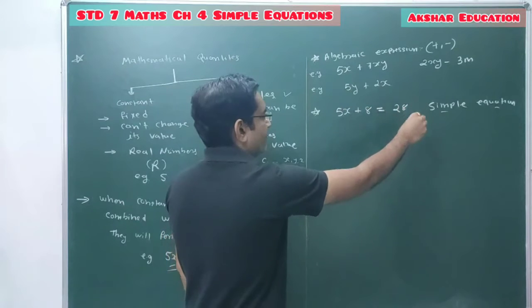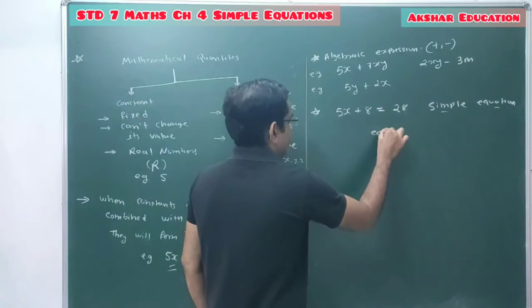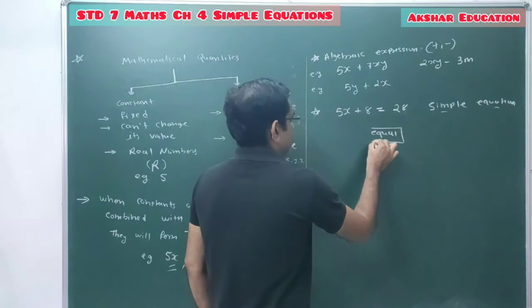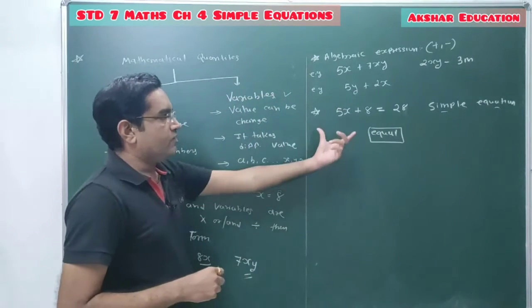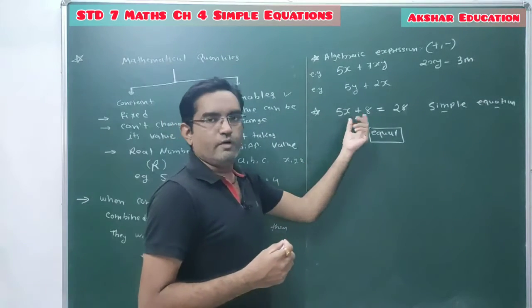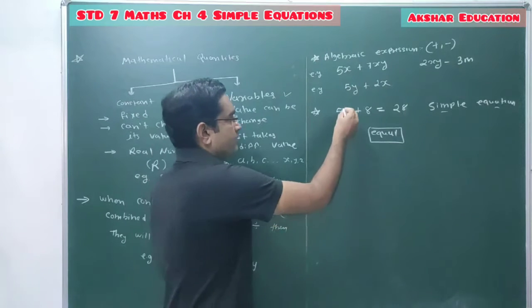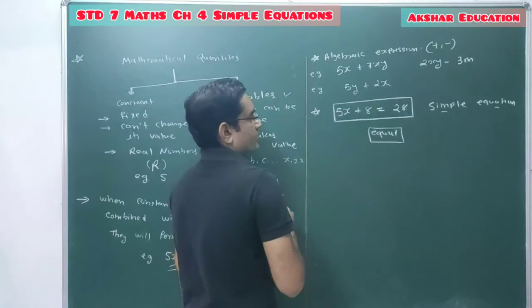Whatever algebraic expression has an equal to sign is known as an equation. So this is one equation. Any simple equation has only one variable. An equation with only one variable is known as a simple equation.